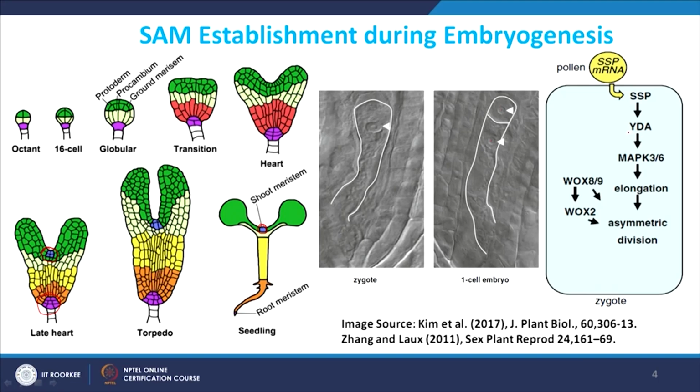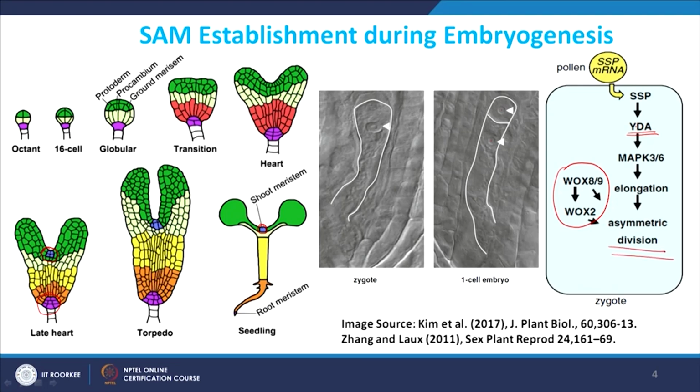The first asymmetric cell division is regulated by two pathways. One pathway is mediated by YDA, and another is regulated by the homeobox-containing transcription factors WOX2, WOX8 and WOX9. Both pathways in the zygote regulate the process of asymmetric cell division.